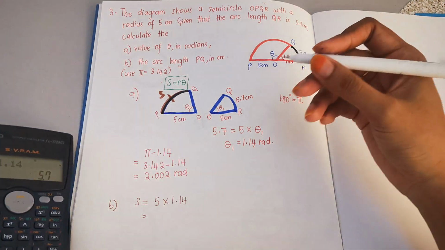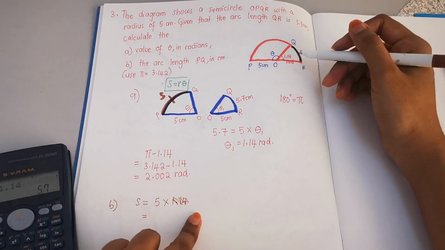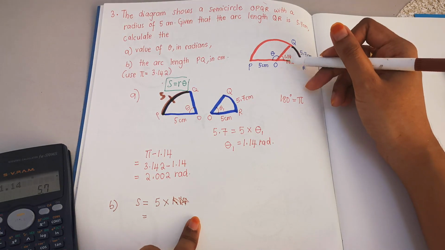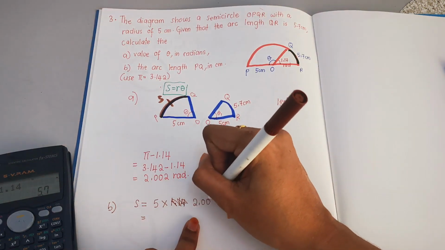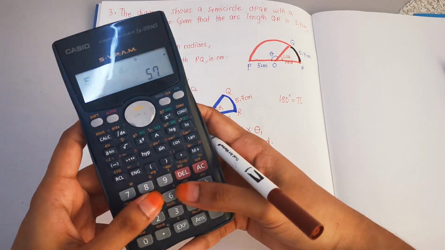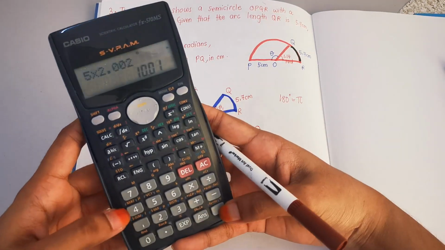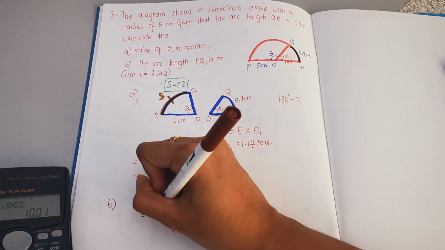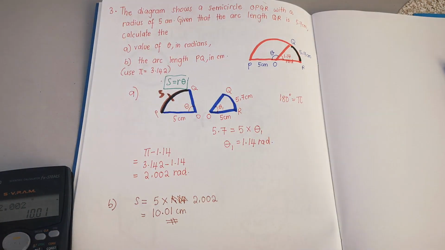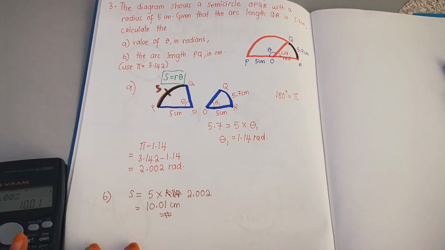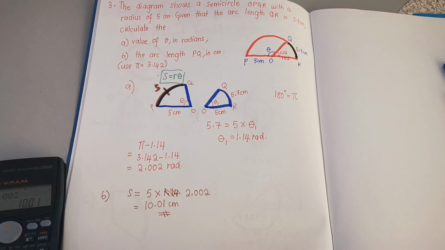Oh, sorry, not 1.14. 1.14 is for the smaller sector. This one is for the bigger sector. So times 2.002. So 5 times 2.002. So we get 10.01 centimeter. So always write the unit. Okay, if it's radian, write radian. If it's cm, do write cm. Okay, so I hope you guys tried together with teacher.